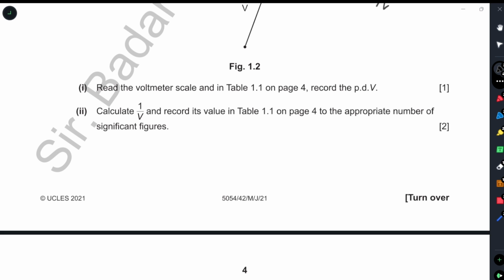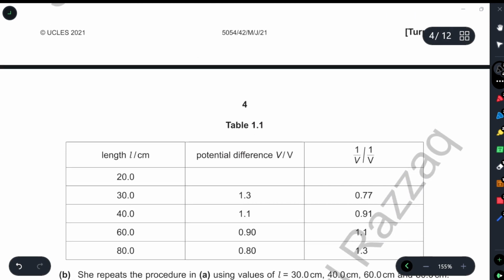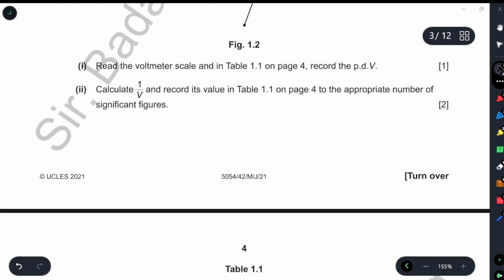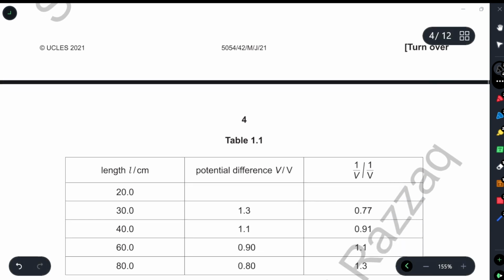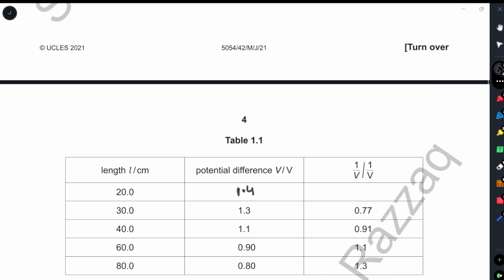Calculate 1 upon V and record its value in table 1.1 on page 4 to an appropriate number of significant figures. So we have to calculate 1 upon V. V is 1.4, so 1 divided by 1.4. I don't have a calculator with me, but I'm thinking that this is similar to the value of root 2, and 1 upon root 2 is approximately 0.7.